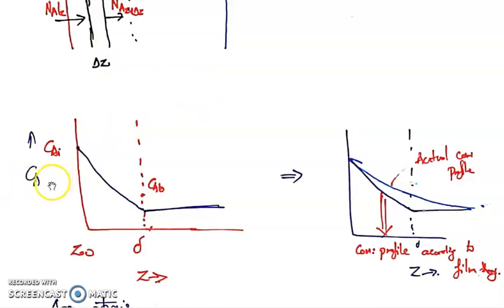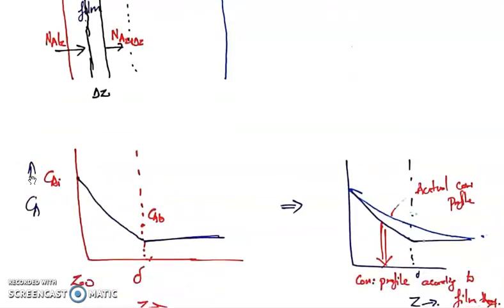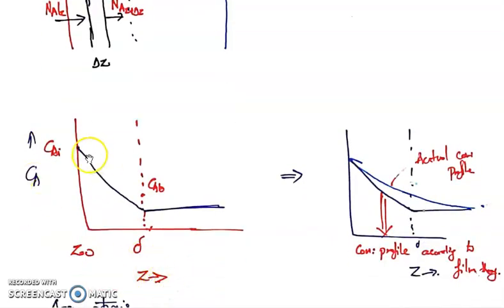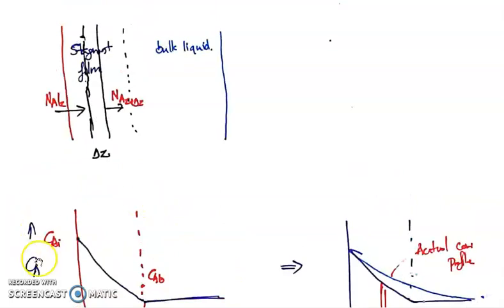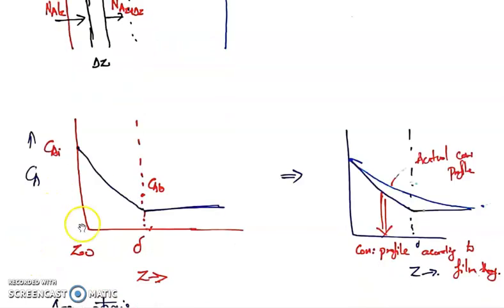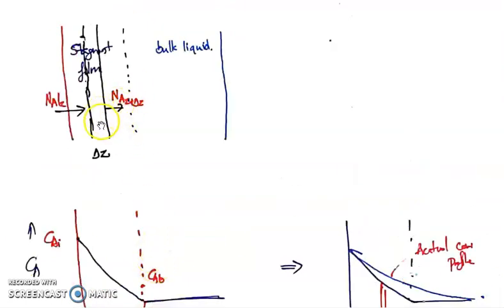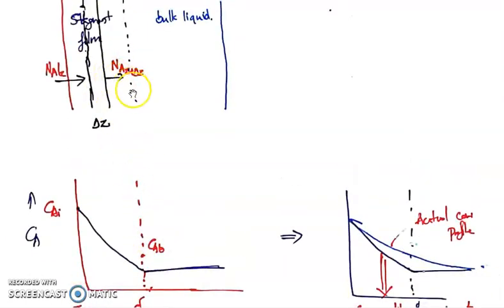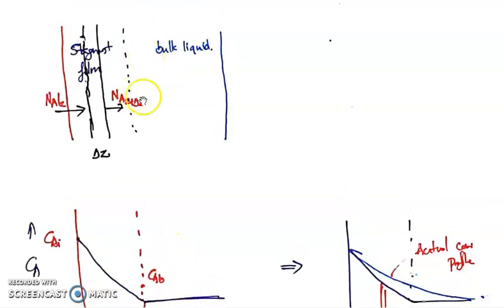I'm going to plot the graph between CA and Z. CA is the concentration and Z is the direction in which the molecules are diffusing. At the interface, I have the concentration of A equal to CAI, and let's say at the end of the stagnant film, we have CAB, which is equal to the concentration of A in the bulk region. Because from here we assume that the molecules are free and we can have a uniform concentration.